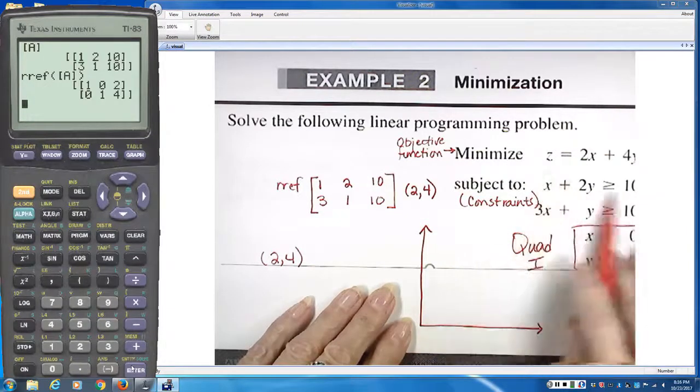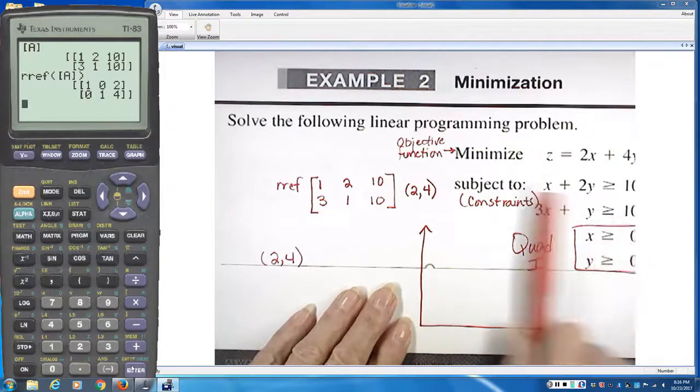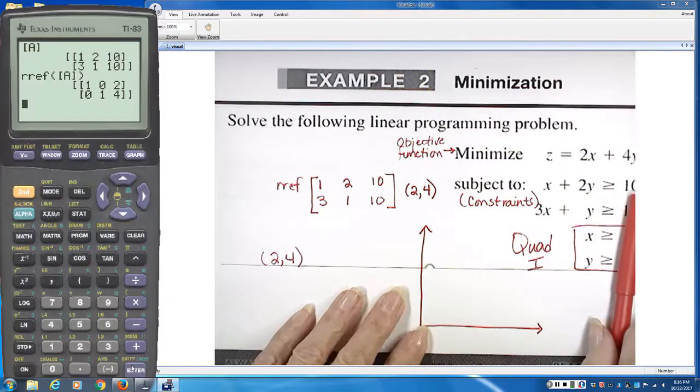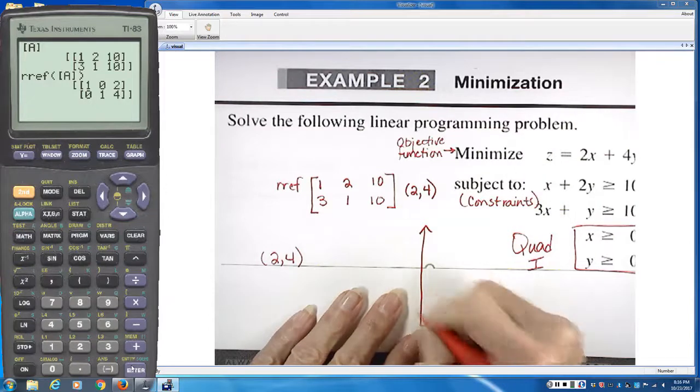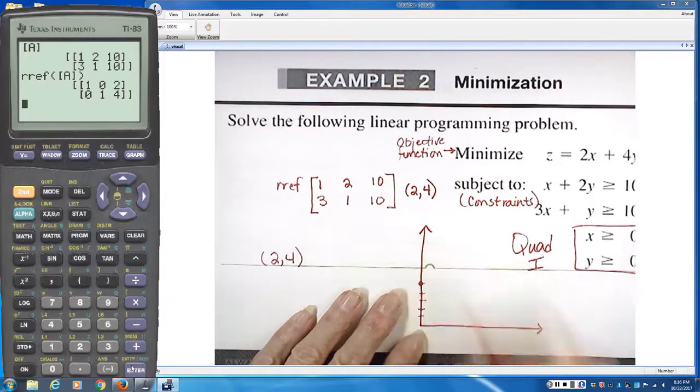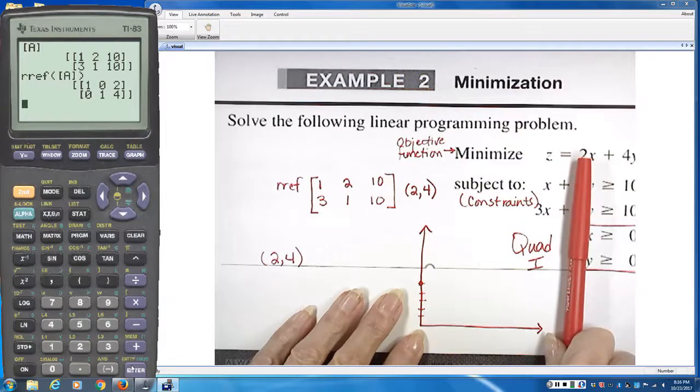I know that x plus 2y is equal to or greater than 10. That means that x plus 2y equals 10 as a boundary. If x is 0, y is 5. If y is 0, x is 10.